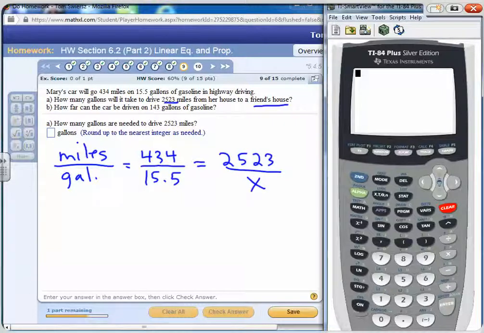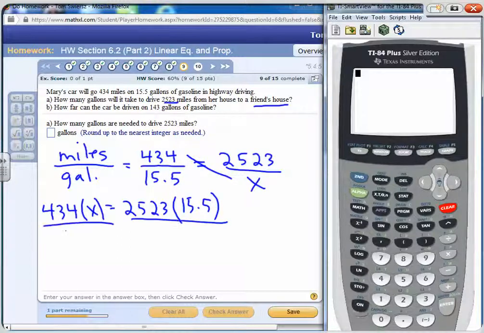That's what we're missing, so that's our x. Once we set up the proportion to solve for x, cross products are equal. 434 times x equals 2,523 times 15.5.